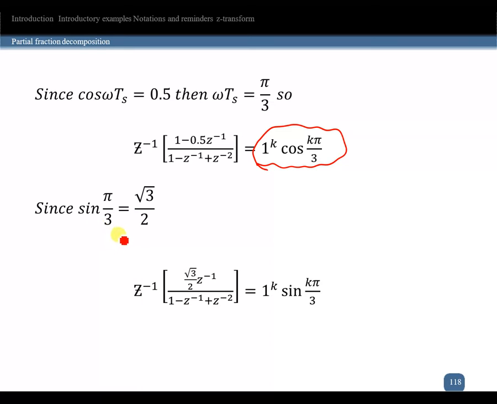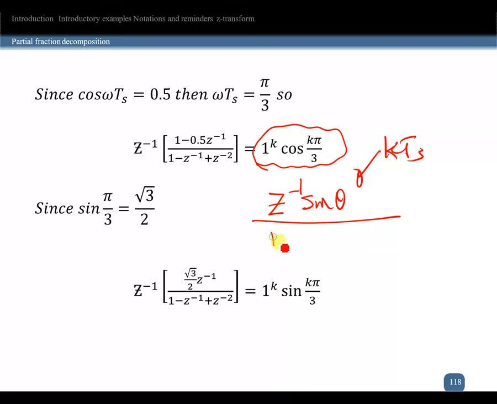For the sine, if you remember, the standard form of the sine will be z⁻¹ sin θ, here I put kTs, doesn't matter, divided by the denominator. Denominator doesn't have any problem.